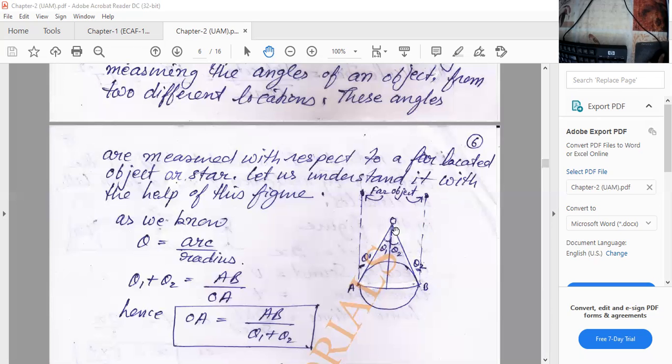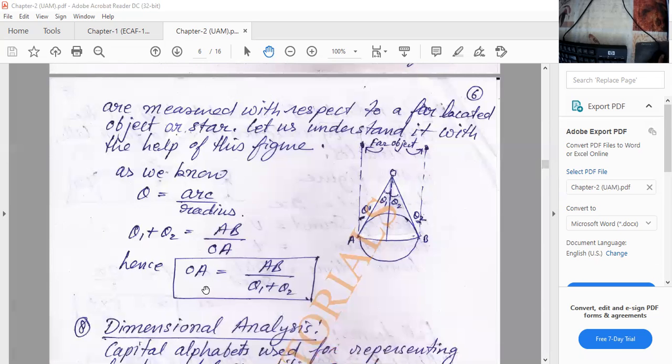So the total angle subtended by object O at the diameter AB is theta 1 plus theta 2. By the formula, theta is equal to arc upon radius. So theta is theta 1 plus theta 2. Now this arc AB is the diameter, and OA is the radius. So OA can be calculated by this formula: theta is equal to arc upon radius.